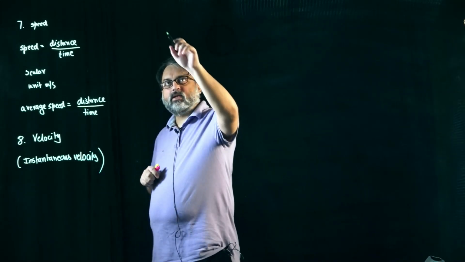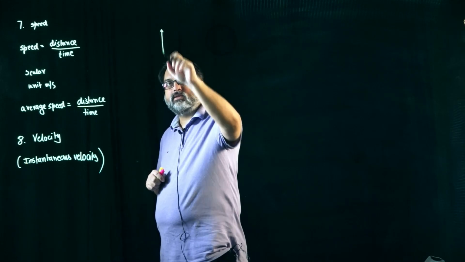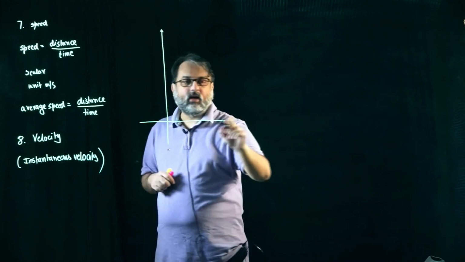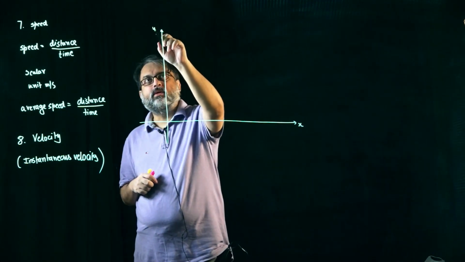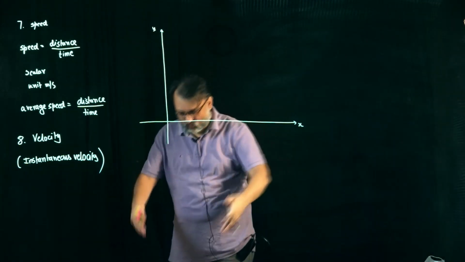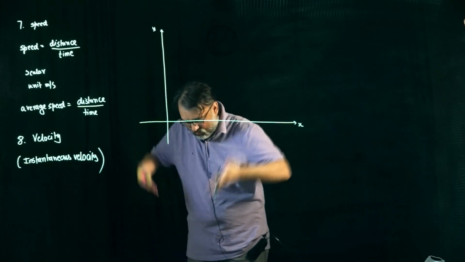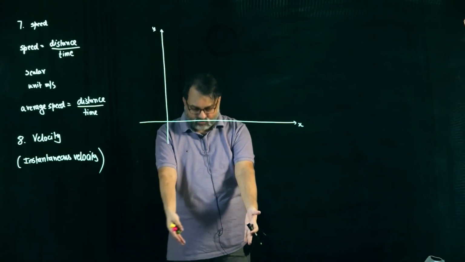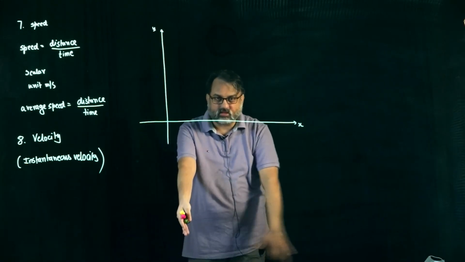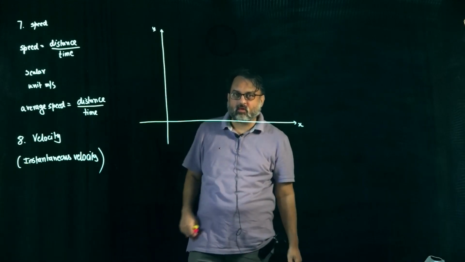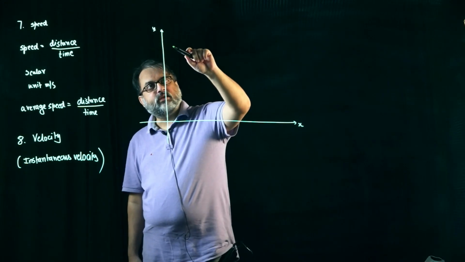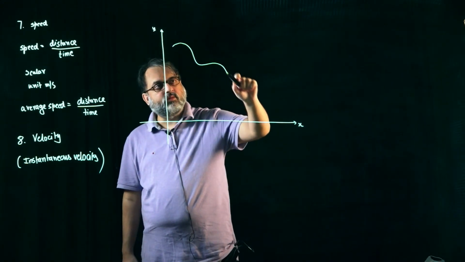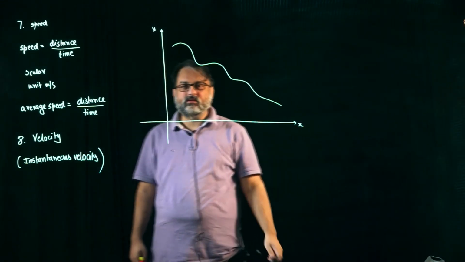So let's say that we have the xy axis and we are looking at the situation from the top. That means the motion is happening here and I am looking from above like this. So this tile has the y axis and this is the x axis, right? And this is what I am drawing. And what I see is that a particle, maybe an ant or something, is moving like this.